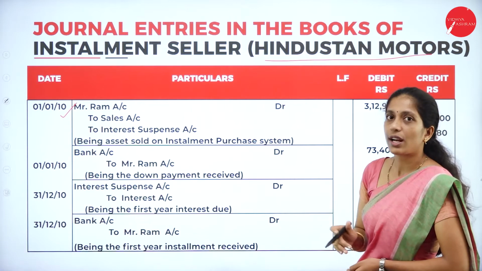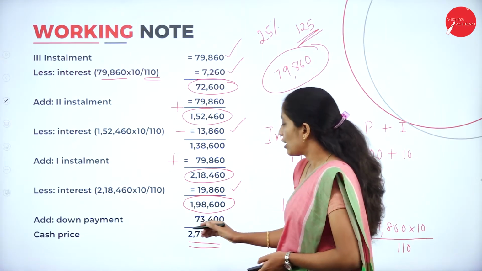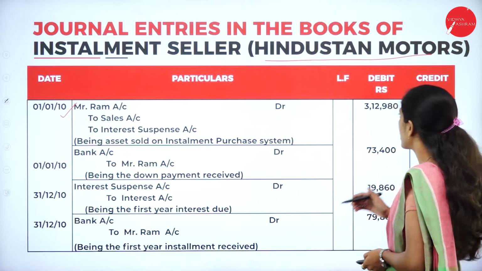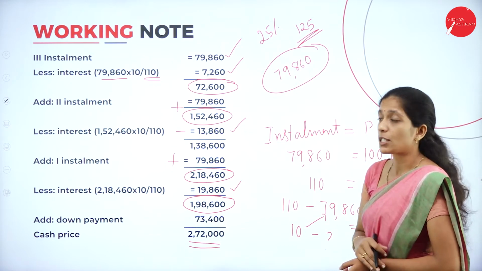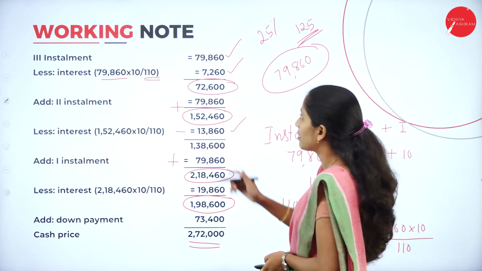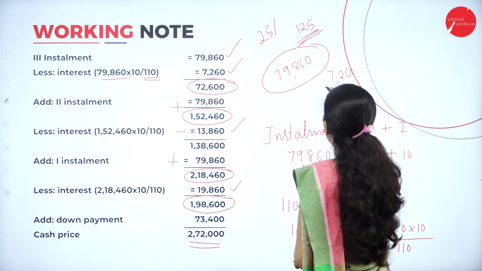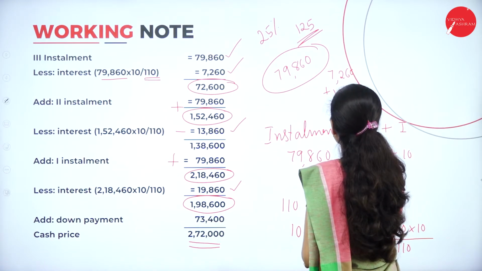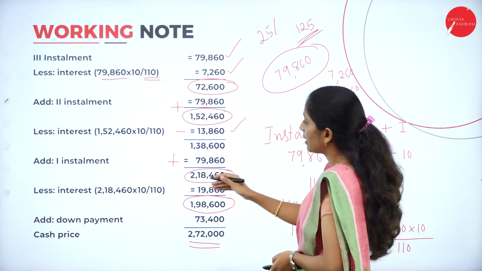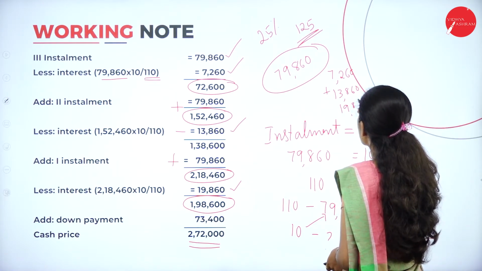Now what are you going to record for sales? As I told, we are going to record the cash price of the asset. So what is the cash price? 2,72,000, right? Now for interest suspense account, you have to add all the interest. Third year interest is 7,260, plus second year interest 13,860, and first year interest 19,860.